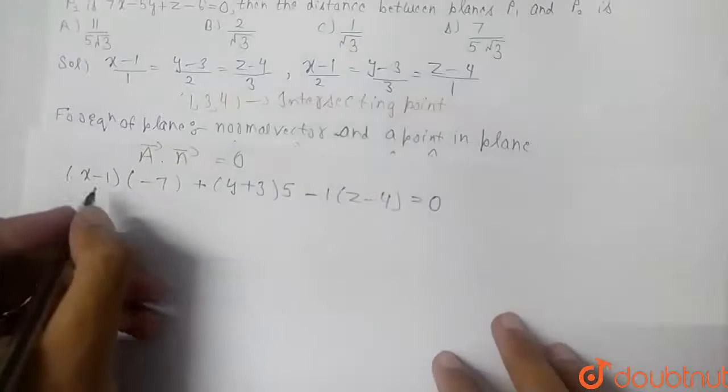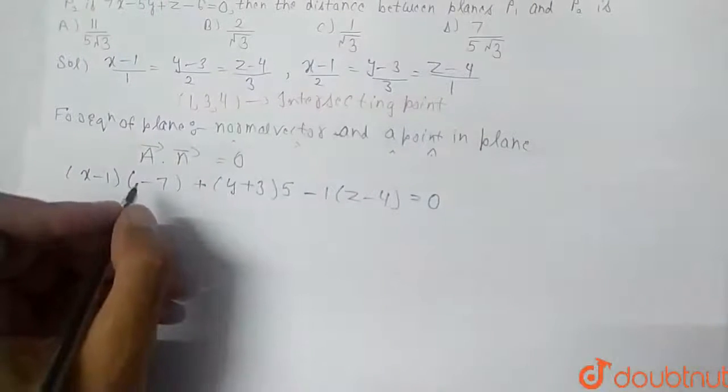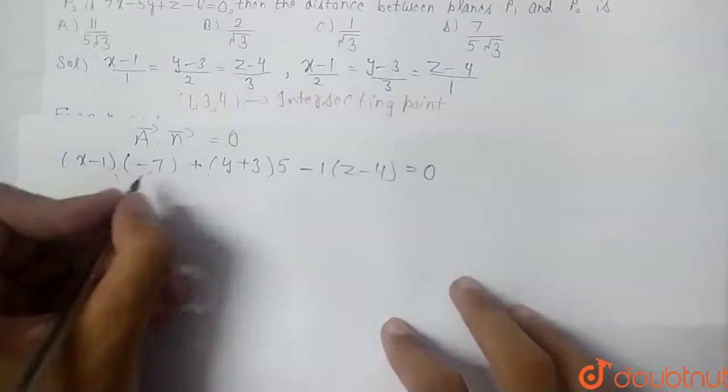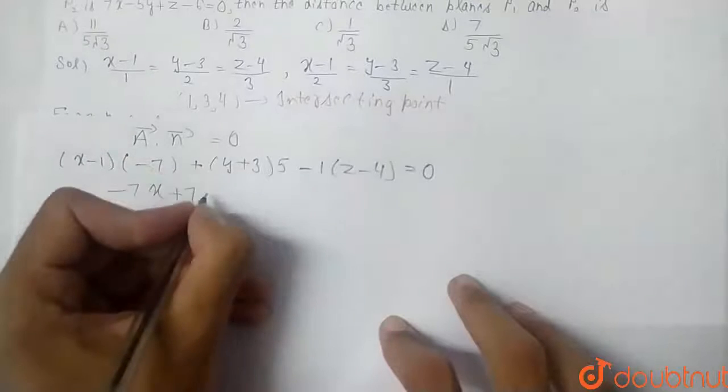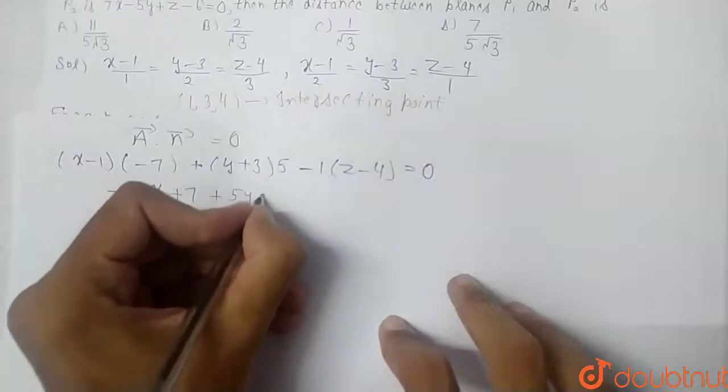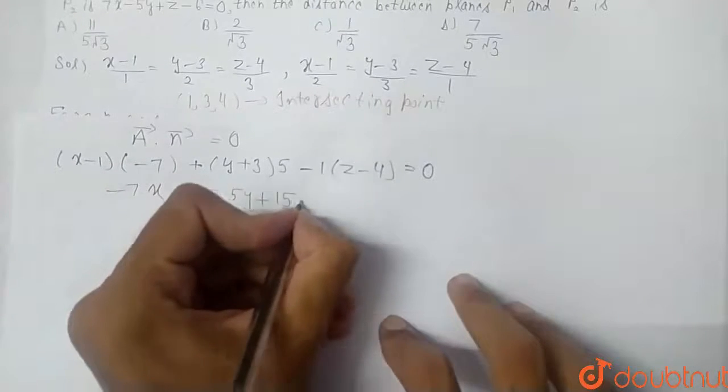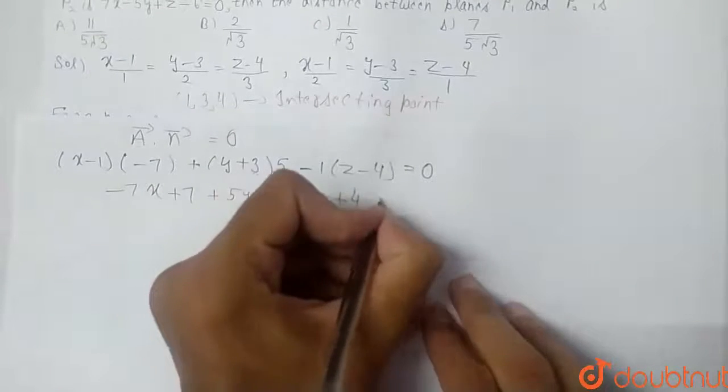Now by solving it, we will write it as minus 7x plus 7, plus 5y minus 15, minus z plus 4. This is equal to 0.